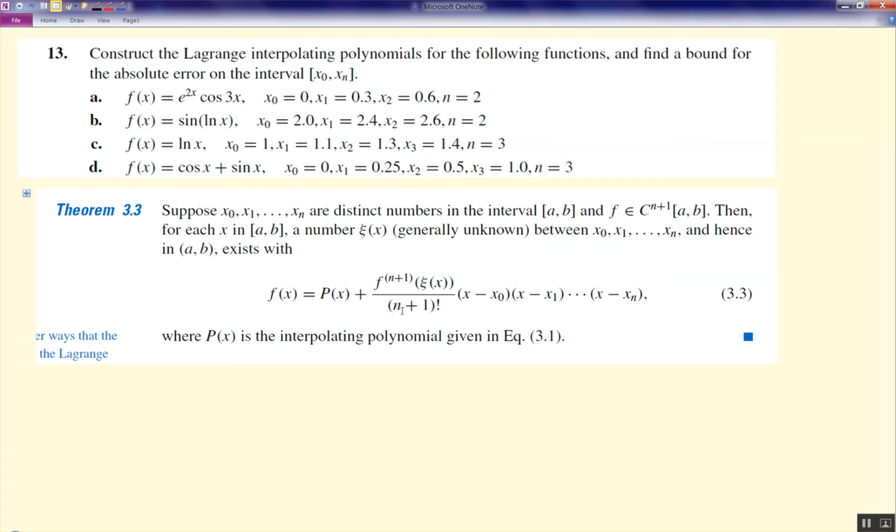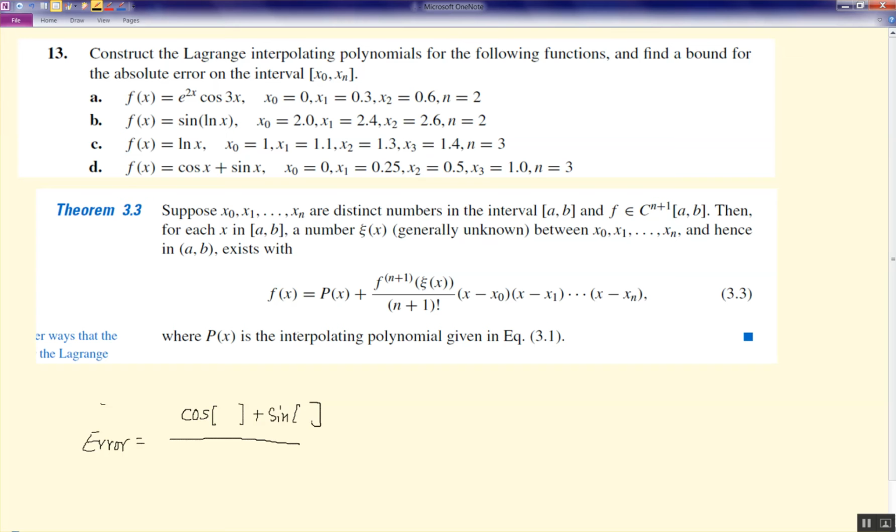So with that, I can now go ahead and write my formula, my error term for this approximation. My error term should be equal to the fourth derivative at xi, and you do see that the fourth derivative is cosine of x plus sine of x, right?